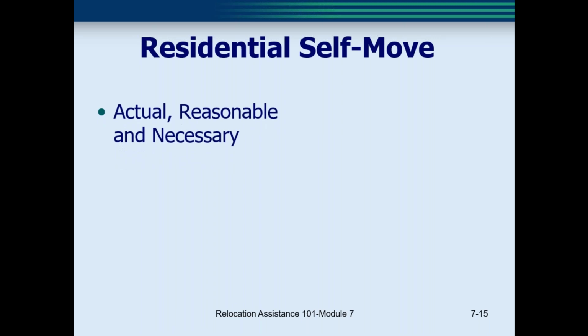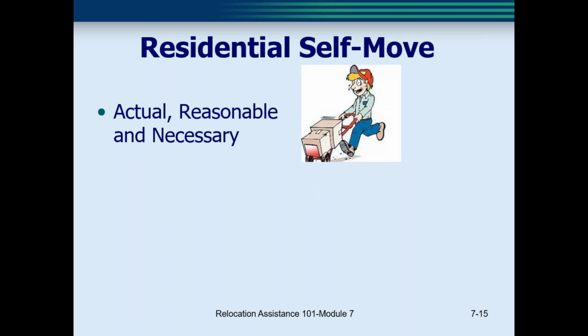So then we have a residential self move, which again needs to be actual, reasonable, and necessary. You have to determine if the costs they're incurring are reasonable and if they're needed. So if they do this move themselves, what are some of the things they might need?